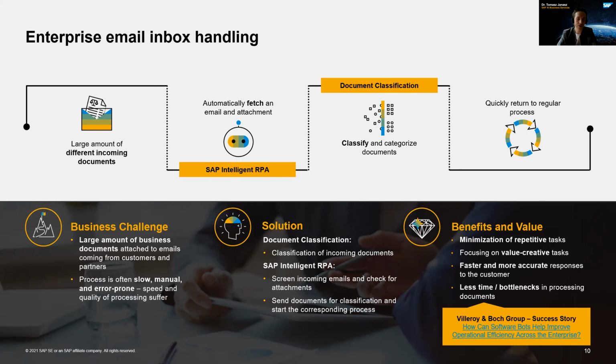Here, I wanted to mention that exactly this use case, as described, is in productive usage by our reference customer, Villeroy & Boch Group. Their classification problem is to classify incoming invoices, delivery notes, dunning letters, and terms and conditions.